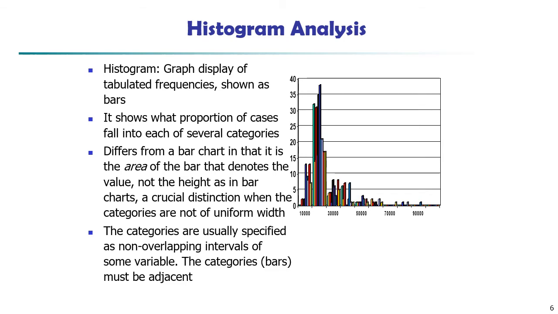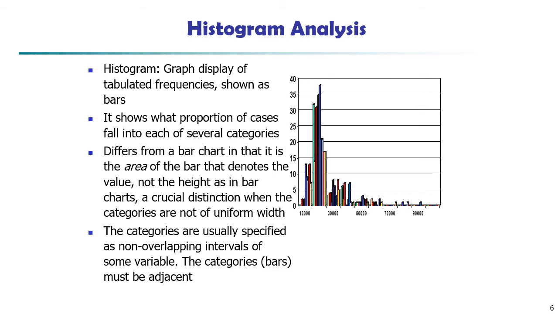So, histogram analysis. Histograms are basically graphs displaying tabulated frequency with bars. It shows what portion of cases falls within a category. It is different from a bar chart, where the height of the bar denotes the value; in a histogram, it is the area of the bar.